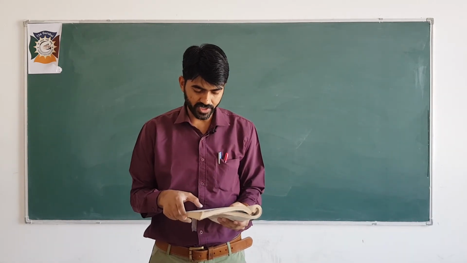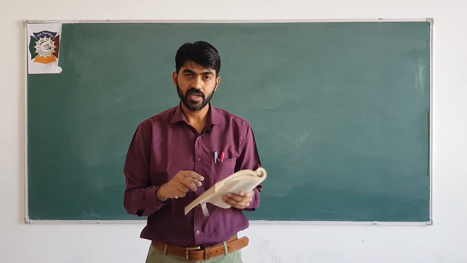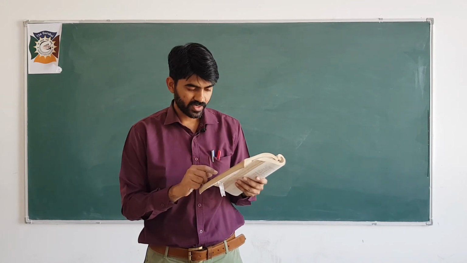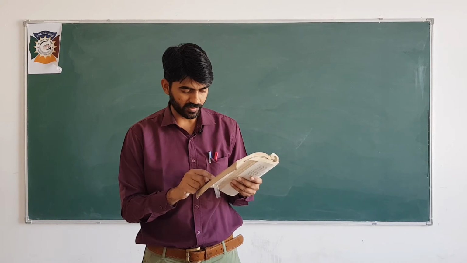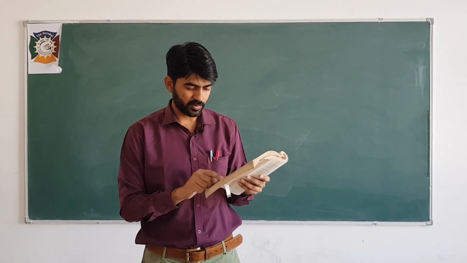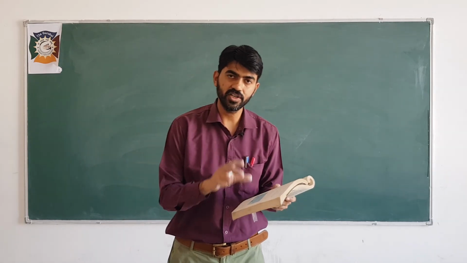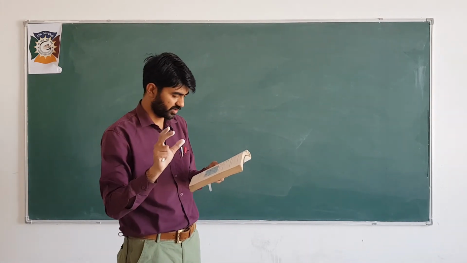Point A coordinates will be (3, 4), and for point B coordinates will be (6, 7). Point C coordinates will be (9, 4), and for point D coordinates will be (6, 1). Okay, first thing that you will find is the coordinates.